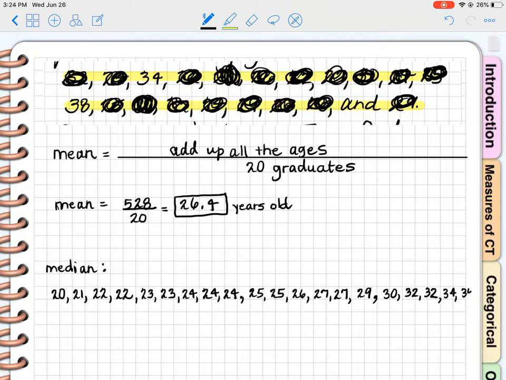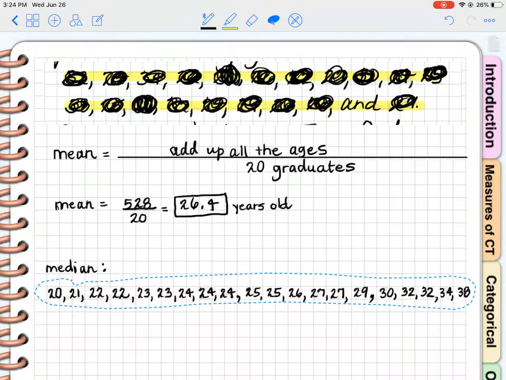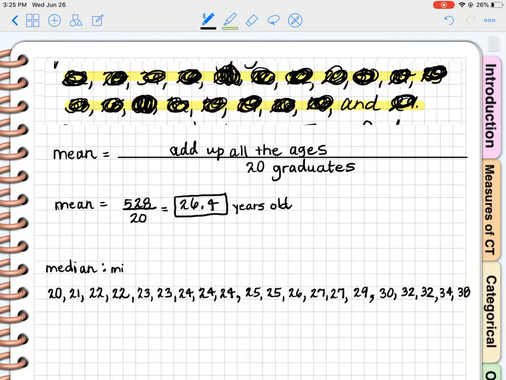And immediately we want to count this long line and make sure we have all 20 graduates. 1, 2, 3, 4, 5, 6, 7, 8, 9, 10, 11, 12, 13, 14, 15, 16, 17, 18, 19, 20. We do. Always make sure that you've not forgotten somebody because it's easy to do. Okay, remember that median is middle, so we need to find the middle.